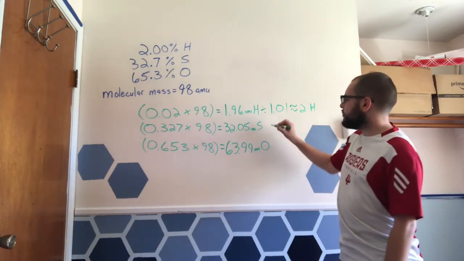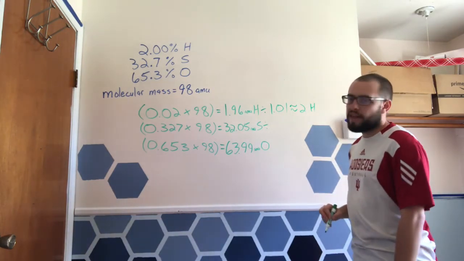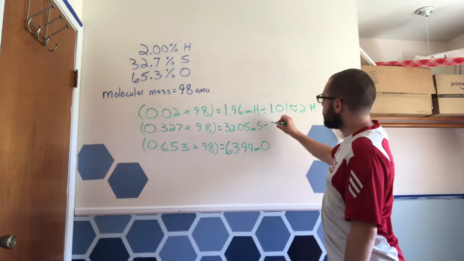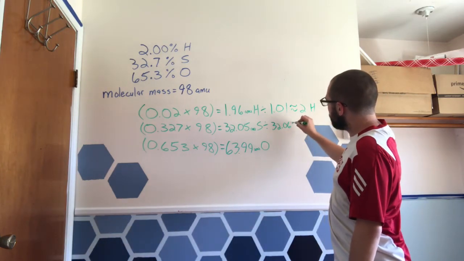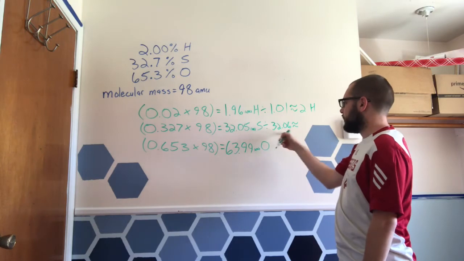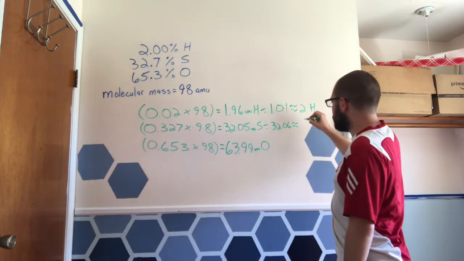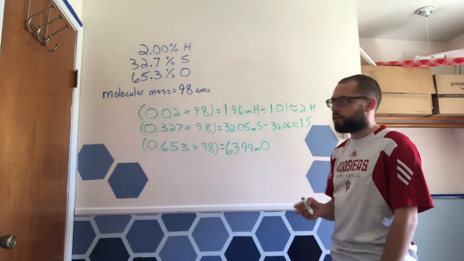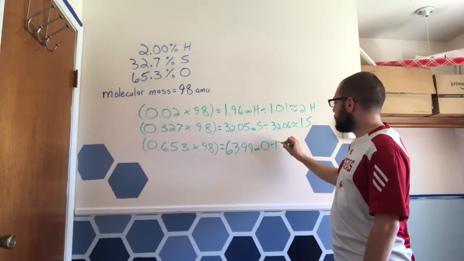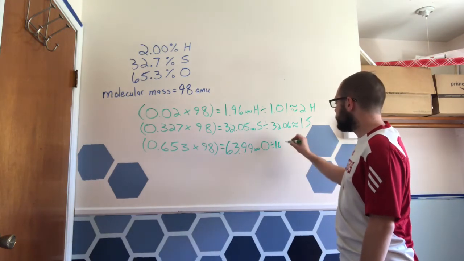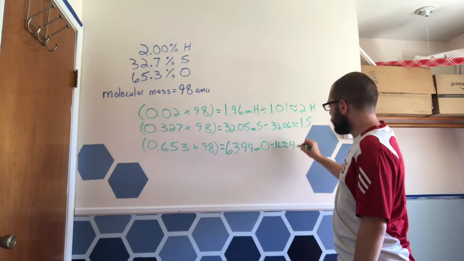I'll do the same thing for sulfur. Divide by that atomic mass, which I got from the periodic table. This one works out almost perfectly. 32 divided by 32, I'm going to have 1 sulfur. And then I'll do this same thing down here for oxygen. And this one works out really well too.